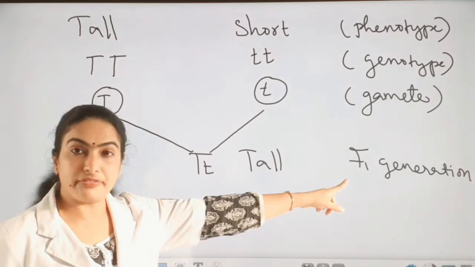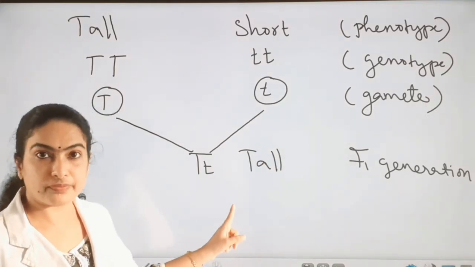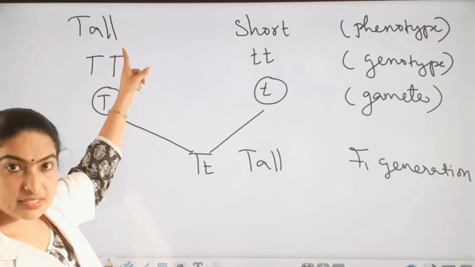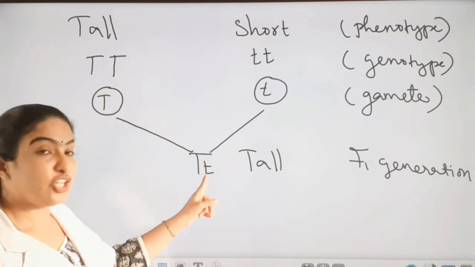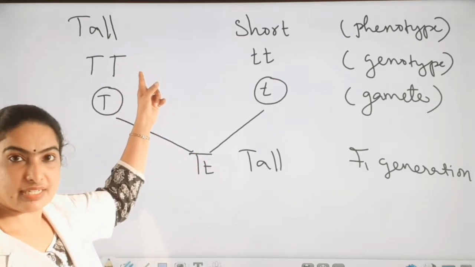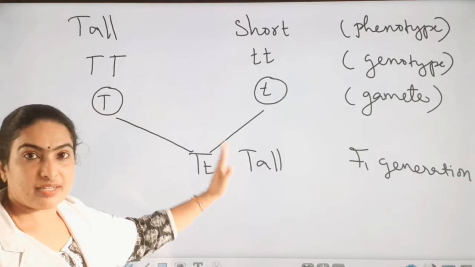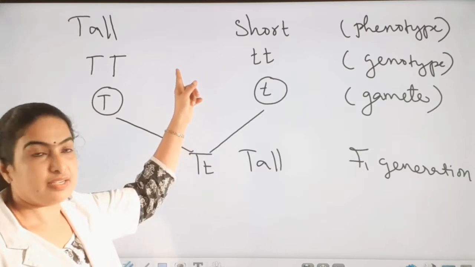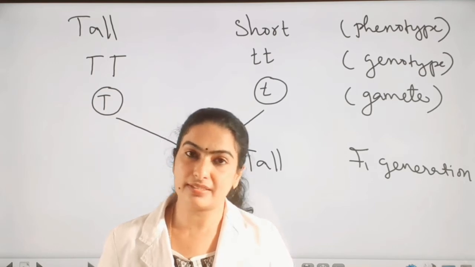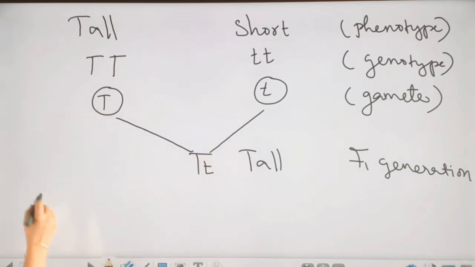Actually, the F1 generation show the parental character such as tall character, but genotypically it is showing variation. Is it clear? Phenotypically it resembles the parent, but genotypically it shows variation. Is it clear?